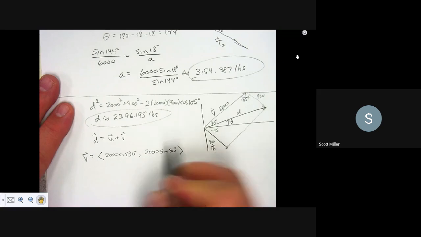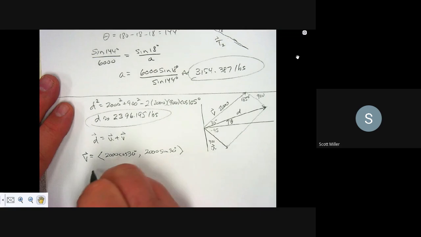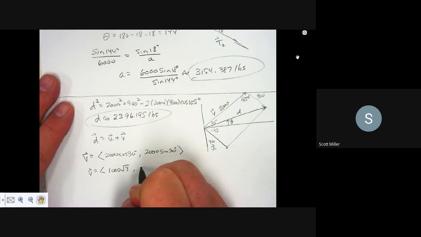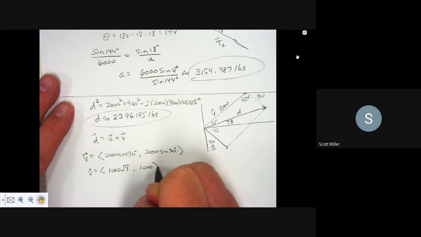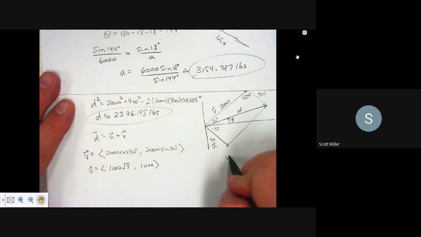This then takes that into component form, and I can work this out. And when I do so, I get 1,000 times the square root of 3, and this over here is just 1,000. So that's vector V.